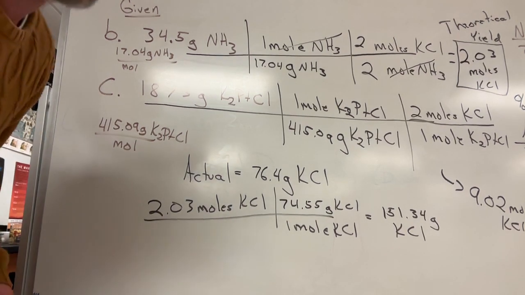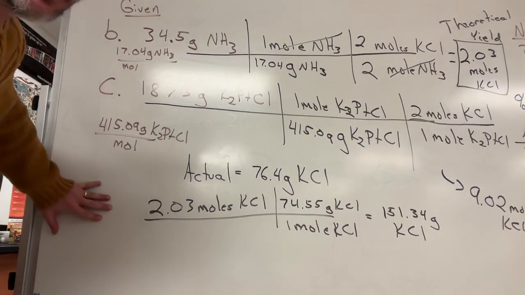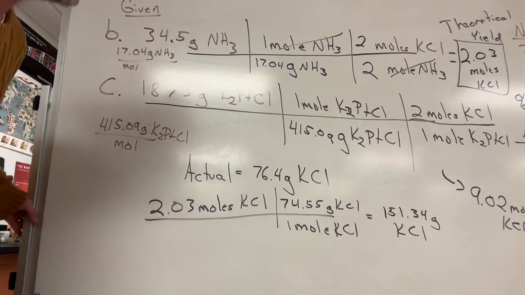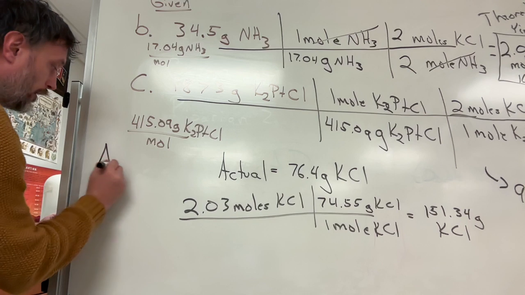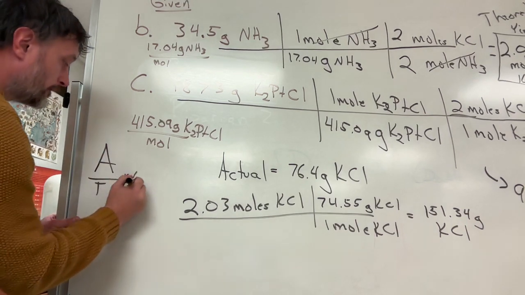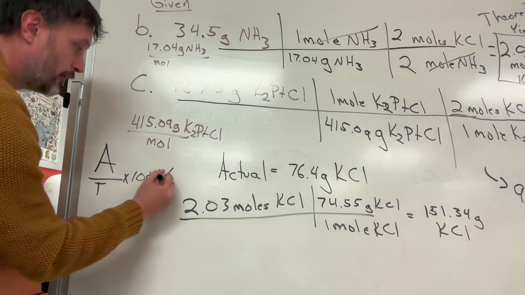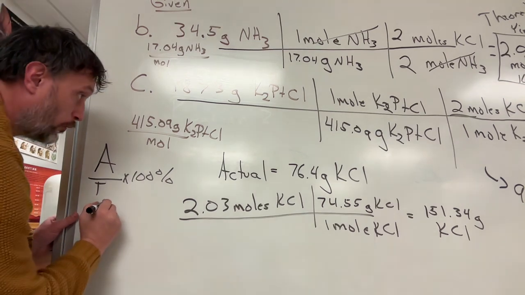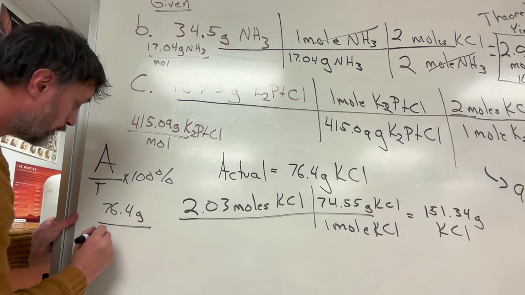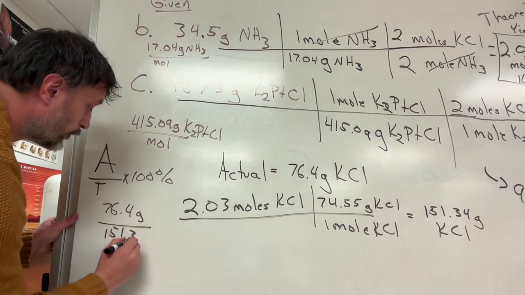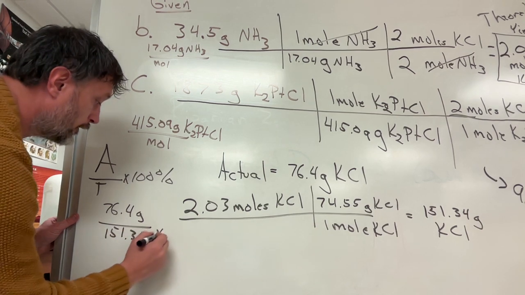So our last step here, I guess I'll write it right here, is to calculate our percent yield. That equation is A over T times 100%. So my actual was 76.4 grams. My theoretical was 151.34 grams.